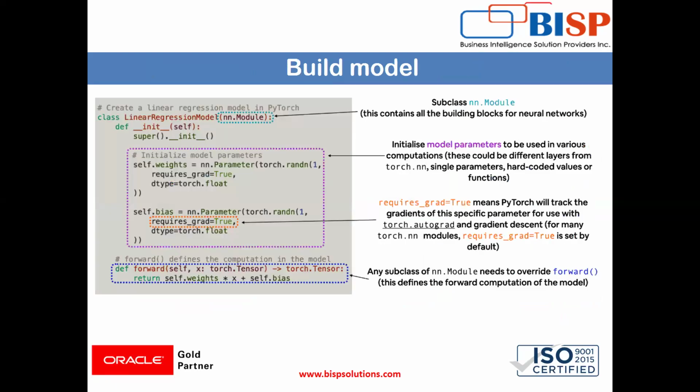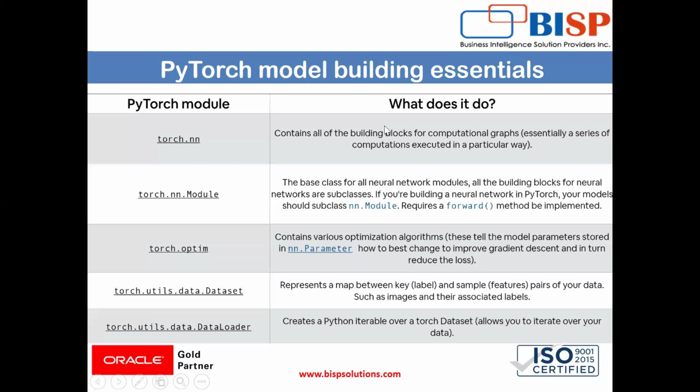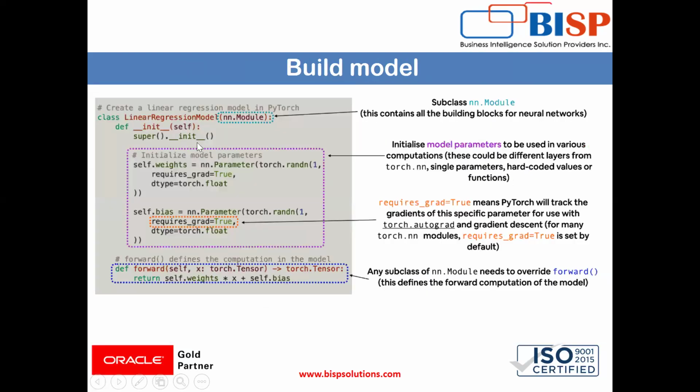Now see here. Now build a model. This is the linear regression model I have shown you in my previous videos. Once again, I will show you in our upcoming technical videos, right? So what is done: a linear regression model, and here the model is created, then initialize model parameters, and with the help of PyTorch it will track the gradient of the specific parameters.